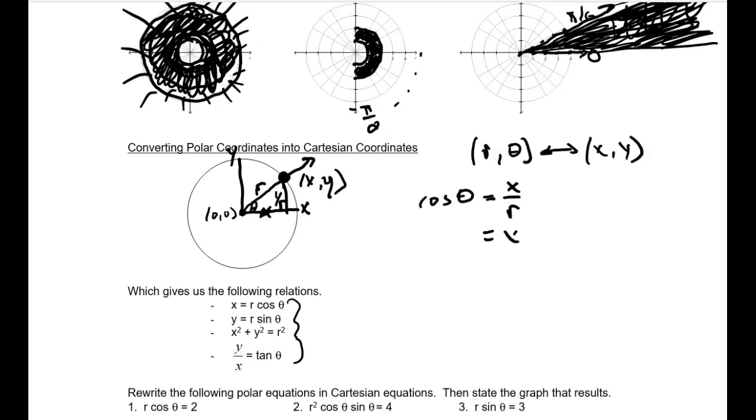Solve that for x, and what you would get is x is equal to r cosine of theta. We want r's and thetas to become x's and y's, or x's and y's become r's and thetas. On the left side is x's and y's, on the right side is r's and thetas. So that's one way that we're going to be able to convert: x is always equal to r cosine theta.